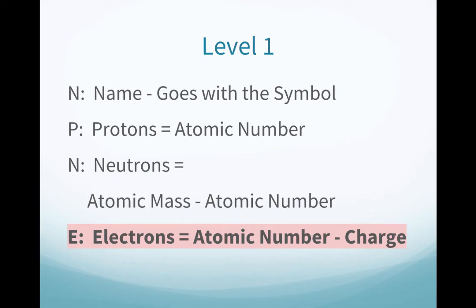So Level 1 stays the same, the way we found everything. Name goes with the symbol. Protons are equal to the atomic number. Neutrons are the atomic mass minus the atomic number. And this is the atomic mass that you're given in the problem. The electrons, if you remember, originally those electrons were equal to the atomic number. Now electrons will be the atomic number minus the charge if there is a charge.